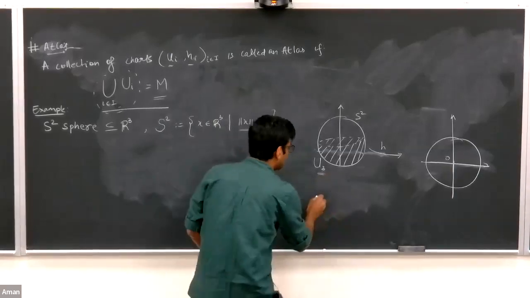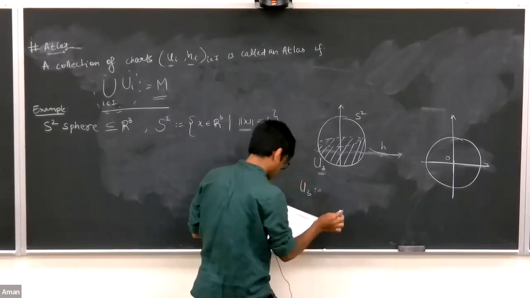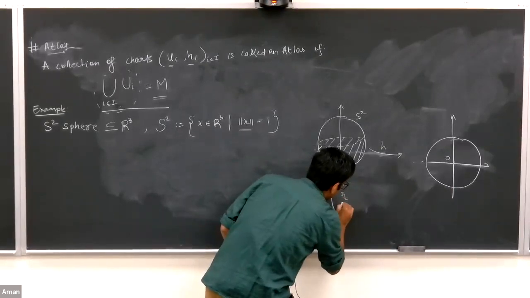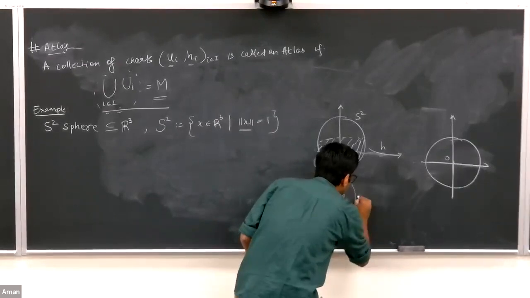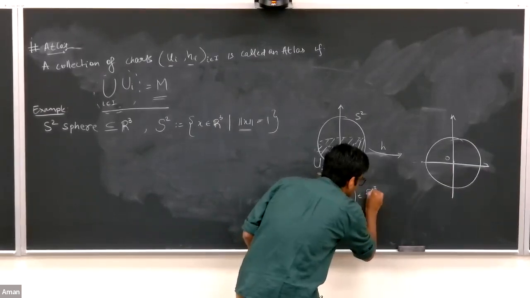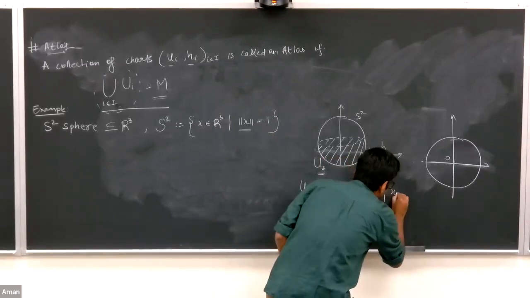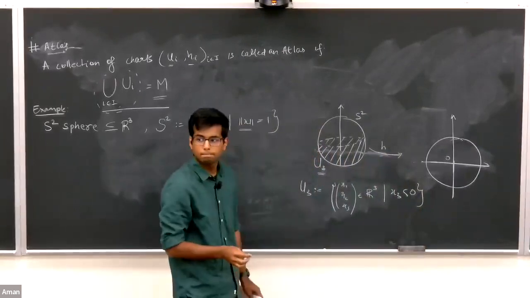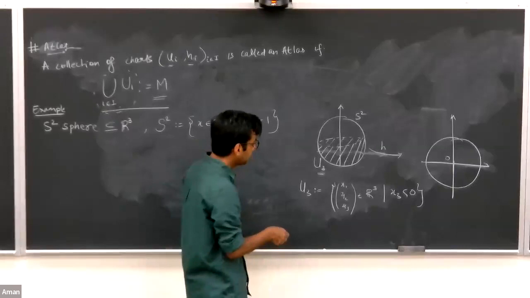Okay, so this U_3 is defined as points x1, x2, x3 in 3-dimensional Euclidean space, where x3 is less than 0, right? So the lower hemisphere.